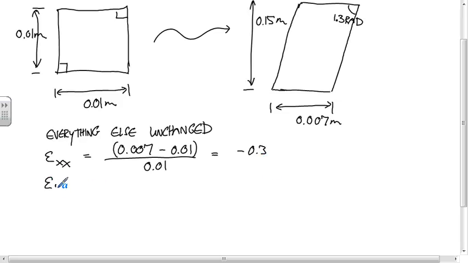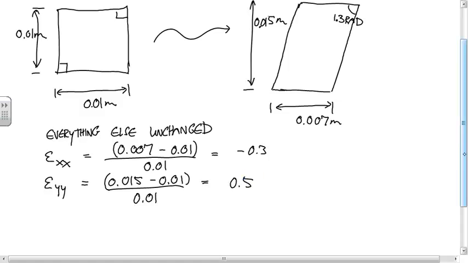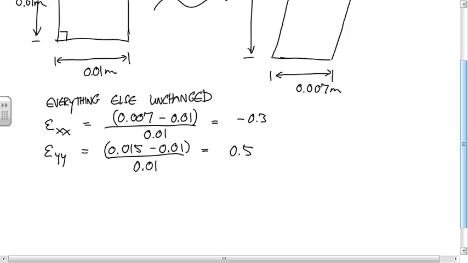And then epsilon yy is 0.015 minus 0.01, divided by 0.01, positive 0.5. Oh, I could have done these in my head. This one doesn't change, so that's 0.